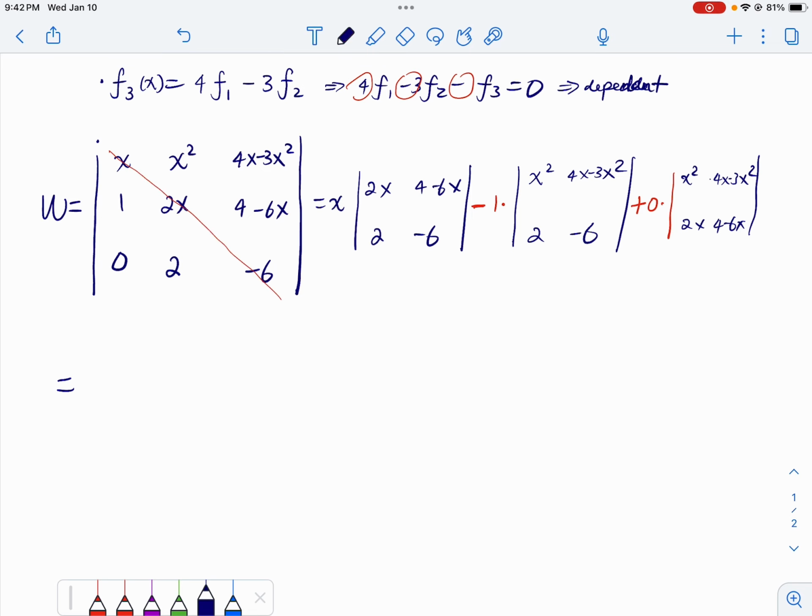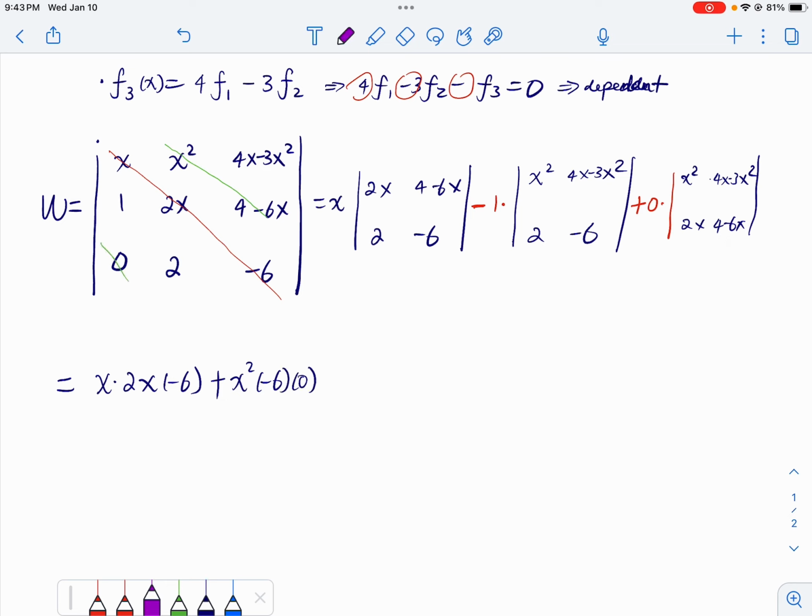So the product of this diagonal, x times 2x times negative 6, plus now the diagonal going this way, x squared times 4 minus 6x times 0. You can duplicate the first two columns and write them here, then the next one will be 0, because this column will be the next column, right? So it will be x squared times negative 6 times 0, okay?